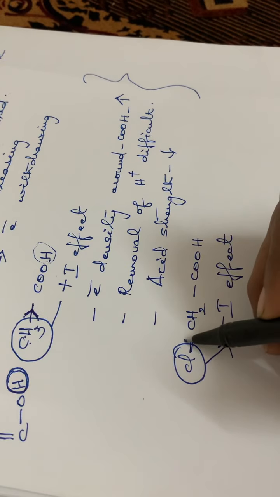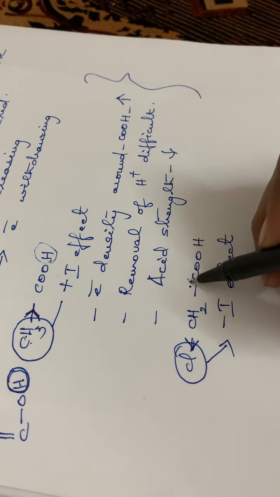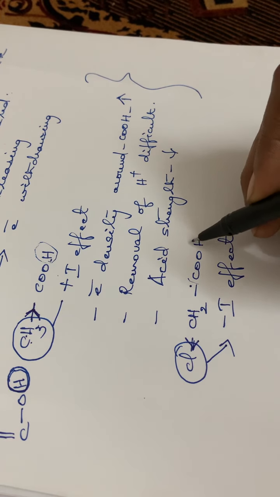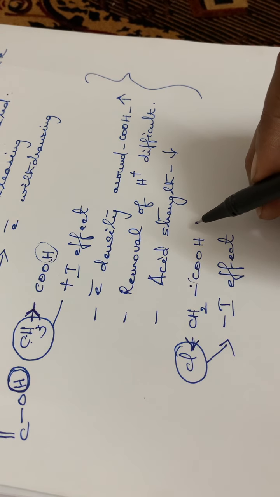So the electron shift will be towards this chlorine atom, so the electron density around this COOH group will be decreasing, and as a result the proton can be easily removed, and hence the acid strength will be increasing.